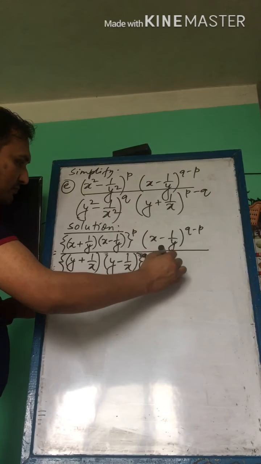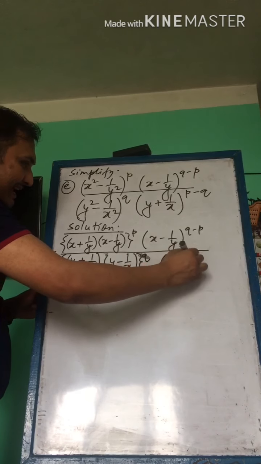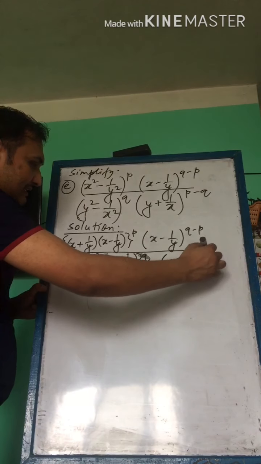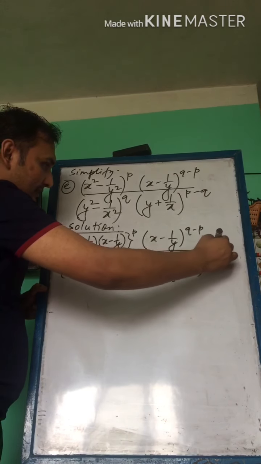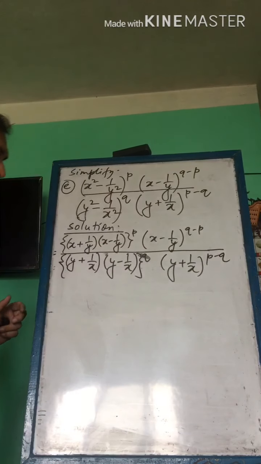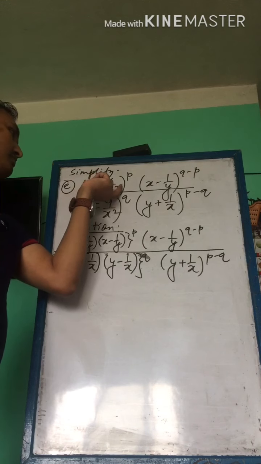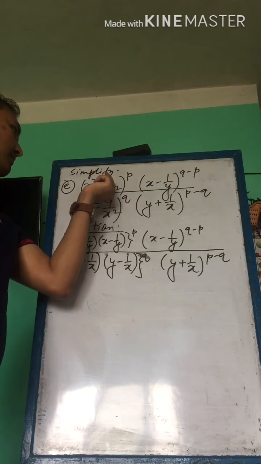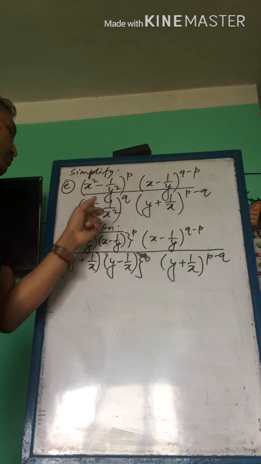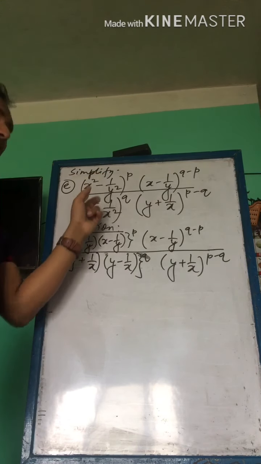And this next keep as it is. Okay, now I have done nothing over here, just I have applied the factor formula for a square minus b square, because these two expressions are in the form of a square minus b square. Another part I have kept as it is.